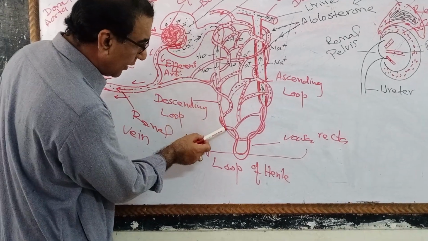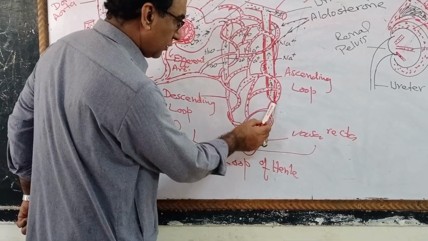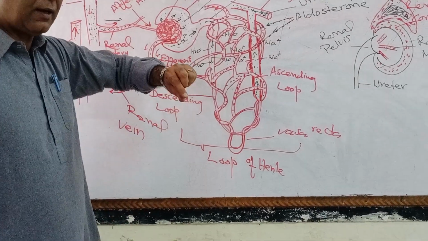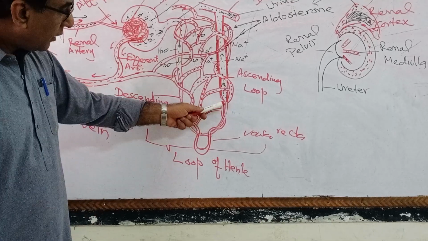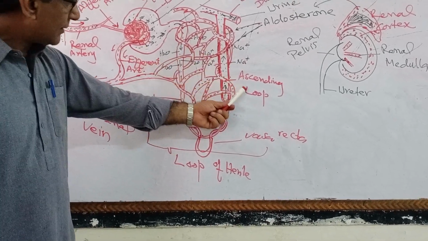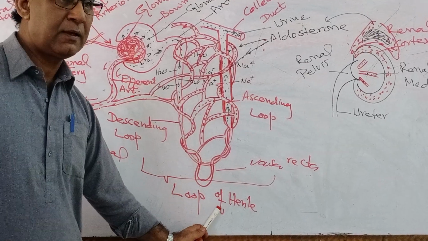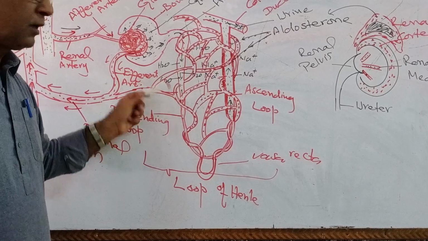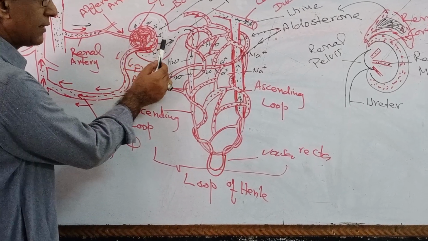At the end, its lumen becomes smaller, and then it becomes the ascending loop. So the ascending loop and descending loop form the loop of Henle.